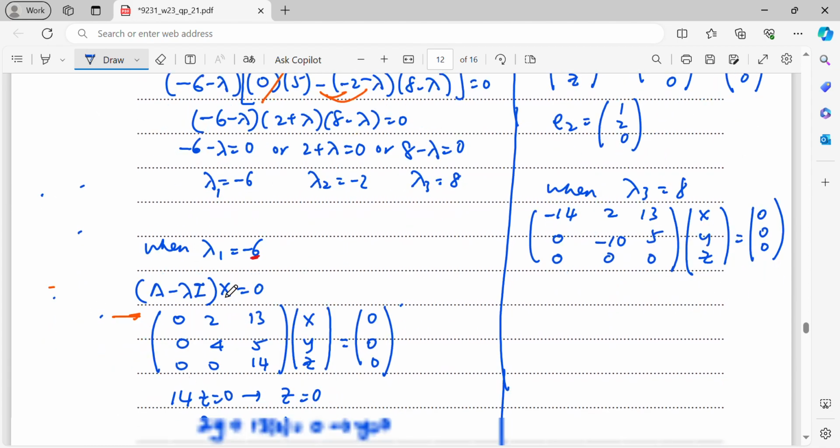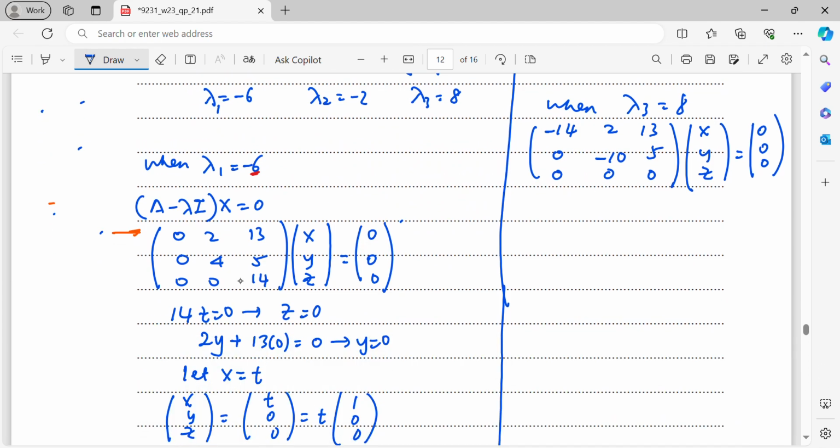Okay, then from here you will get -14x plus 2y plus 3z equals 0. Then the next equation, because -5 and 10, I will get -10y plus 5z equals 0.